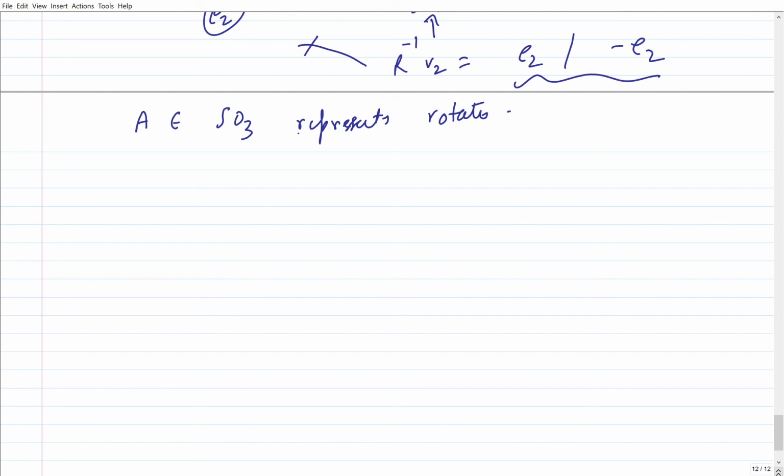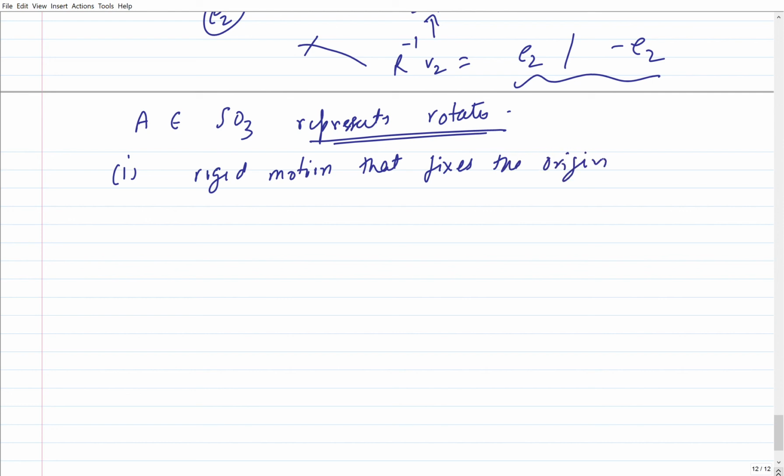Well, for that, what exactly is a rotation? A rotation is nothing but a rigid motion, as we have seen, that fixes the origin. It also fixes a non-zero vector V, which is our axis.